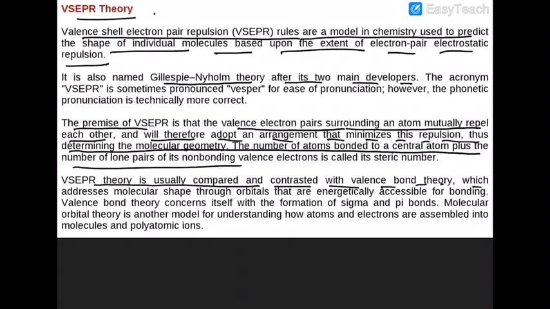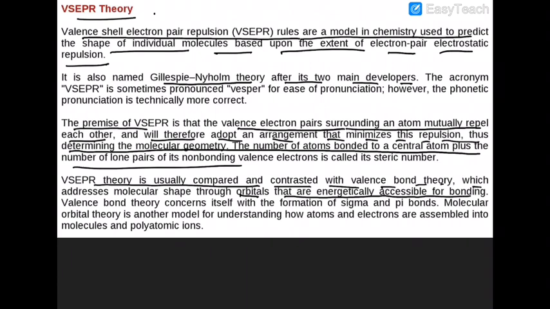Sure about that? So bonding is the maximization of the attractive interactions, while the shape and geometry of the molecule is the minimizing of the repulsive interactions, which addresses molecular shape through orbitals that are analytically accessible for the bonding.